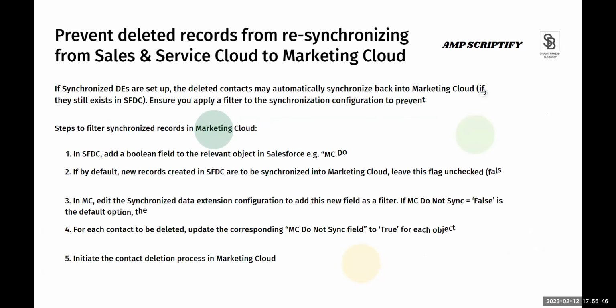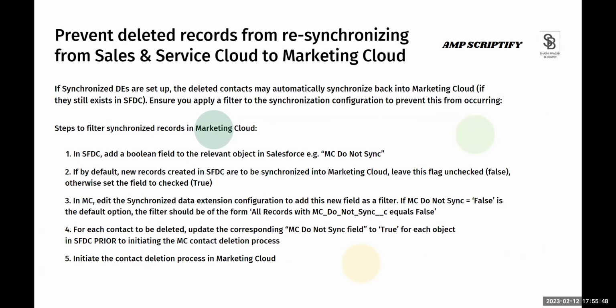But see, this one is the most important factor which I see when you're doing contact deletion, especially when you're using a synchronized data extension. What happens is you are performing contact deletion, and at the same time you have a 15-minute pool which will be syncing the data from Sales Cloud to Marketing Cloud.